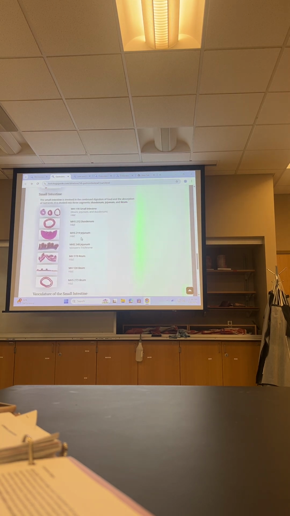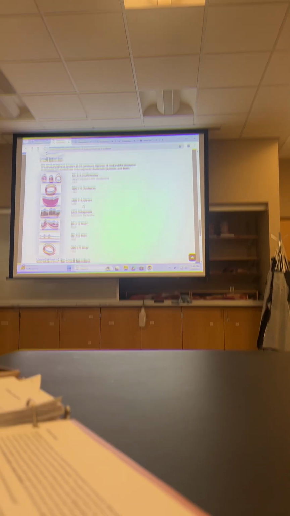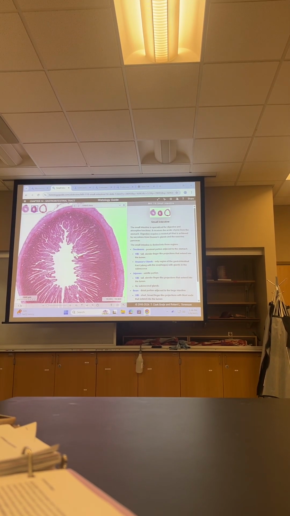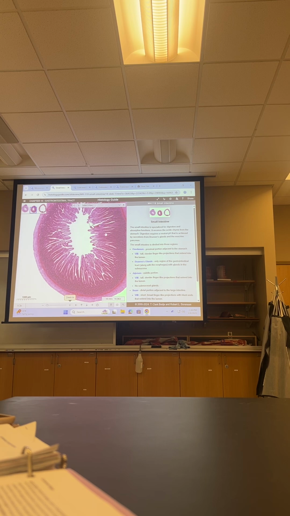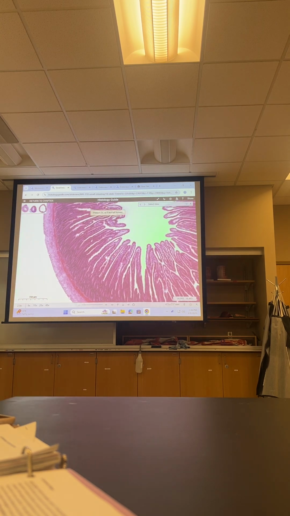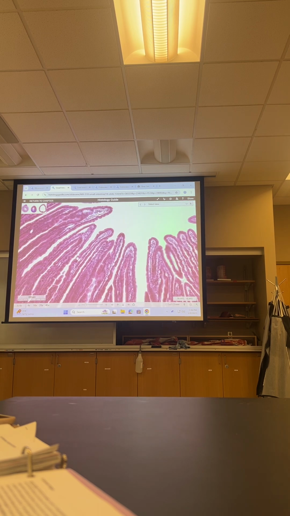All right, so now we move from the duodenum into the jejunum. So same mucosa, so it's still simple columnar epithelial tissue on the microvilli here, or sorry, villi here.